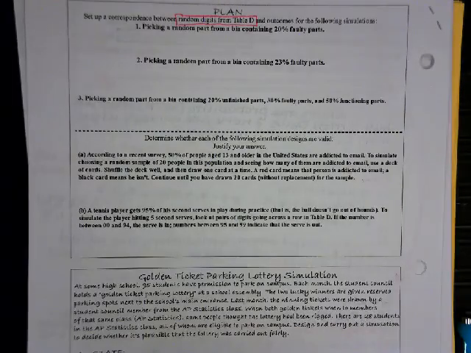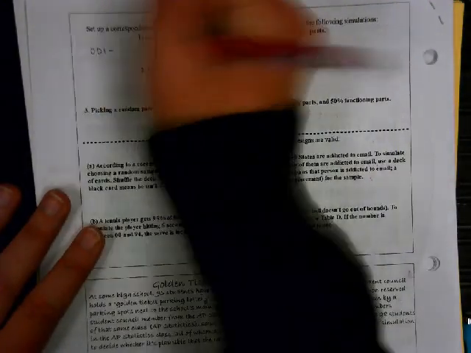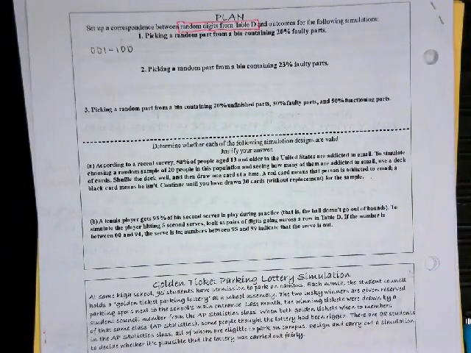I was going to use the fact that percent means per 100 and say you could do 100 numbers. You could have used the numbers 001 to 100, and say that 001 to 020 were faulty. Oops, put my 1 in the wrong spot, sorry.